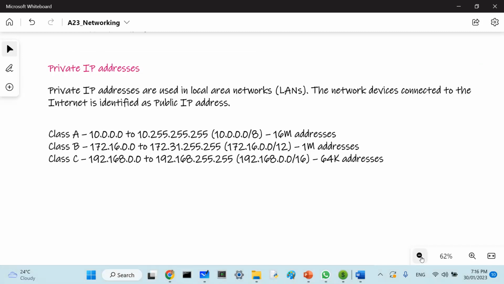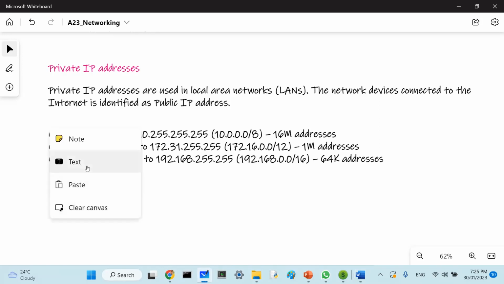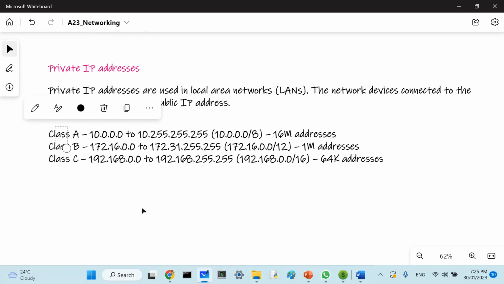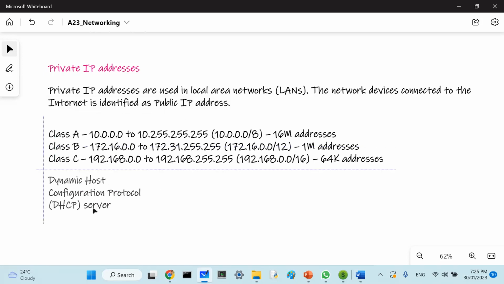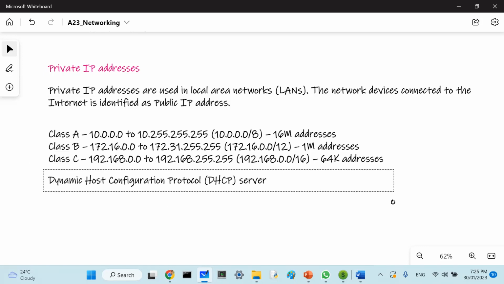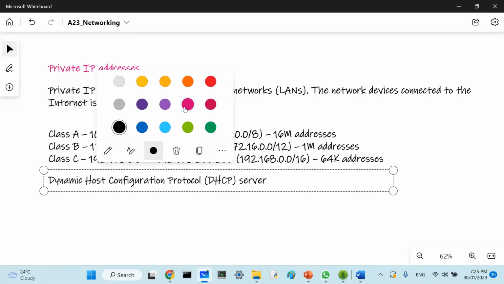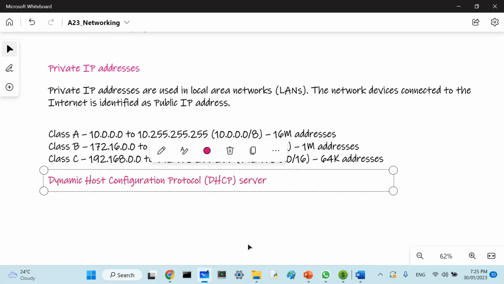Okay. So let's take down this. Let's have a small subtopic on assigning IP addresses. Nowadays, IP addresses are assigned manually or automatically, usually through what we call the DHCP server. This term DHCP stands for Dynamic Host Configuration Protocol server.